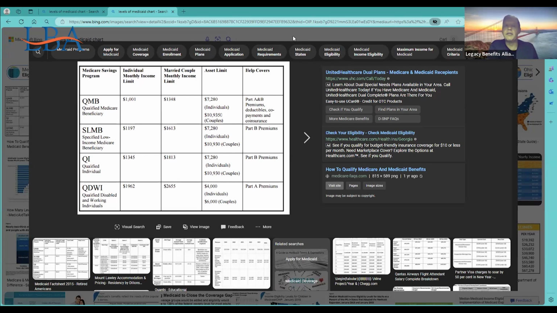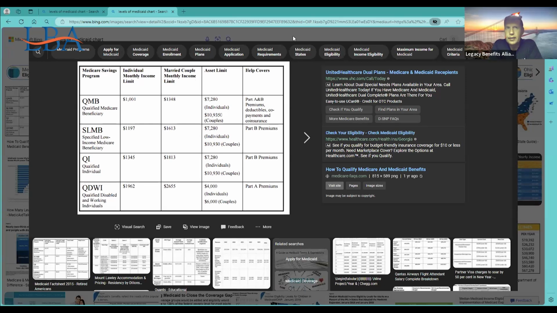That's a different level, and you can see that the income level drops lower than what QI1 is, right? Most of the time, when you find a plan that allows for partial Medicaid, it's usually at the SLMB level or the QMB level. But SLMB is usually the partial Medicaid version of that.